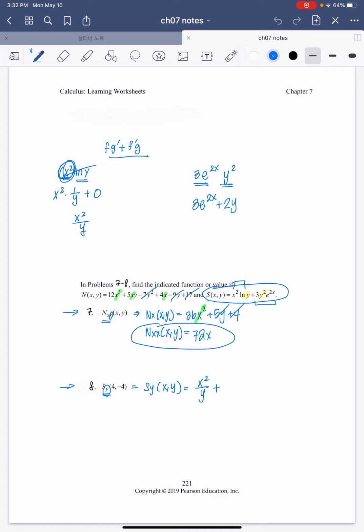And then the derivative of this here, well, x is just a constant. So this whole thing will be just a 0 times y squared. So in other words, it will be just this term, 6e to the 2x y. In other words, 6y e raised to the 2x.